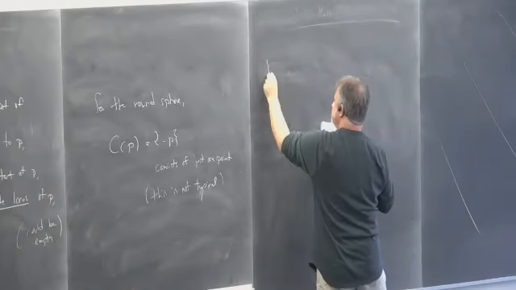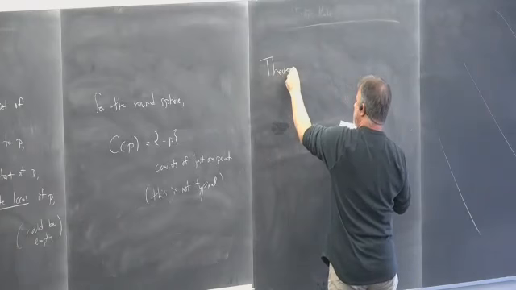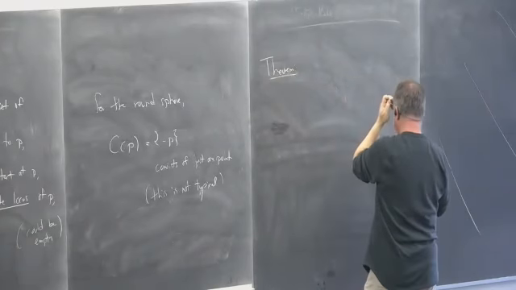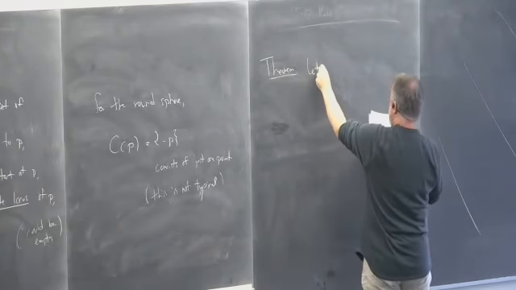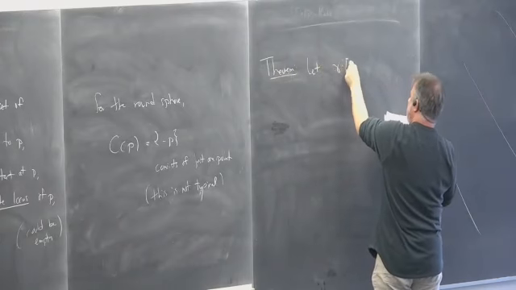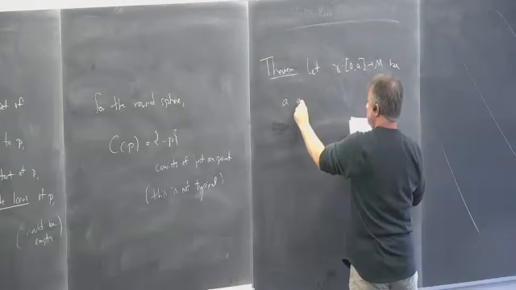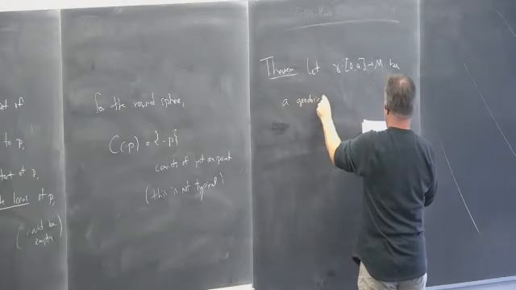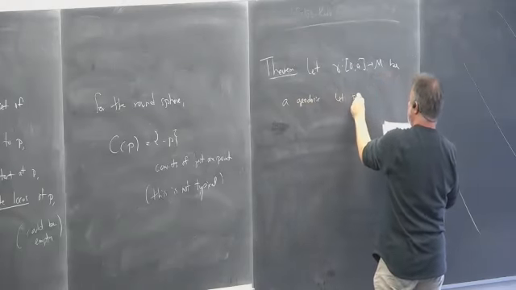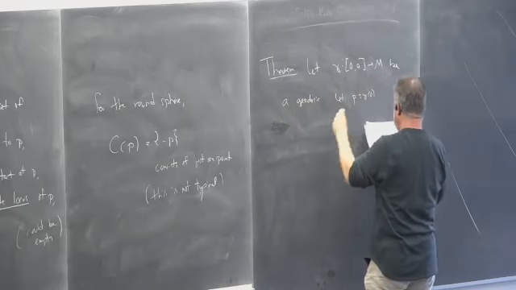So here's the theorem. I don't know if it deserves to be called a theorem. It's a proposition in my notes, but I upgraded it. Let gamma be a geodesic. Let P be the initial point.